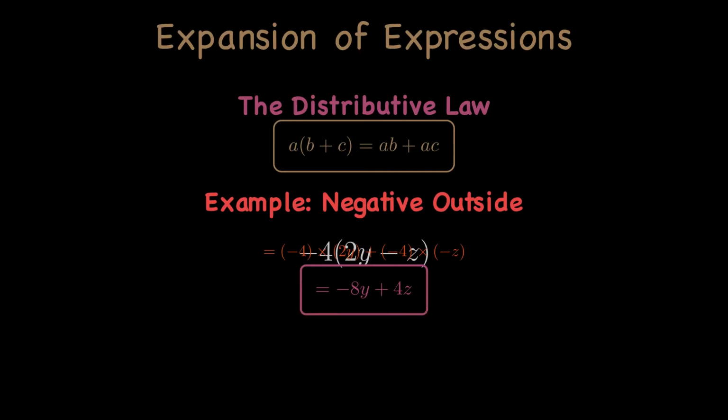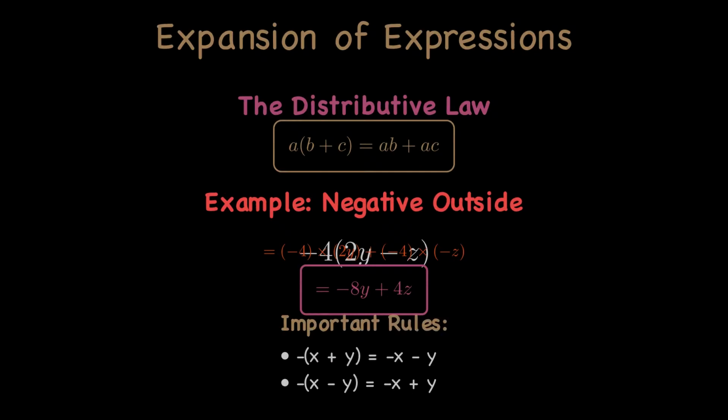So the answer is negative 8y plus 4z. Great work. Here are 2 important rules to remember. Negative times the quantity x plus y equals negative x minus y. Negative times the quantity x minus y equals negative x plus y. The negative sign changes all the signs inside.